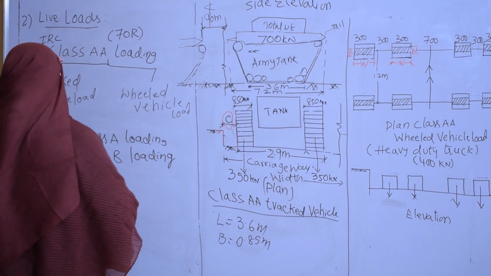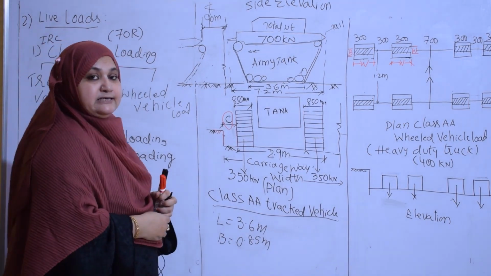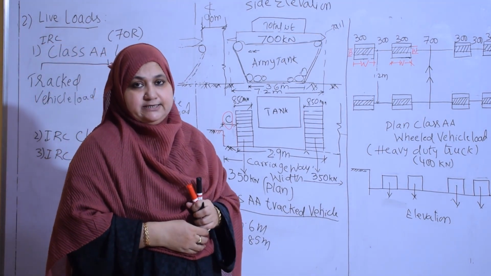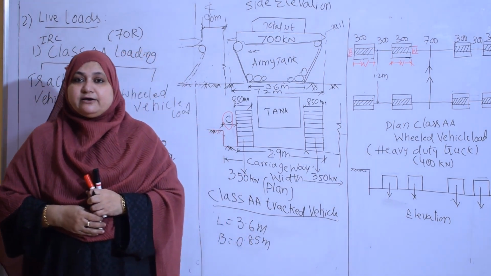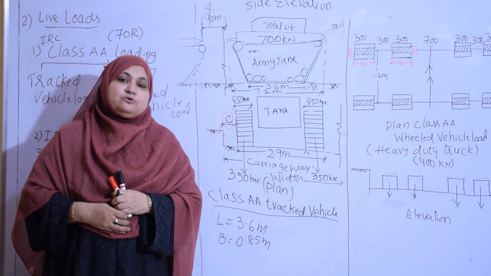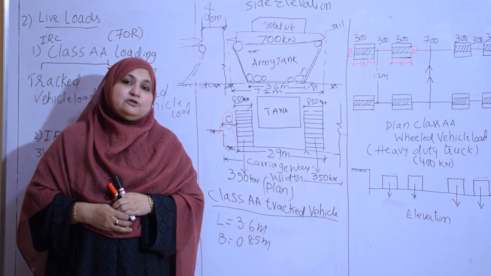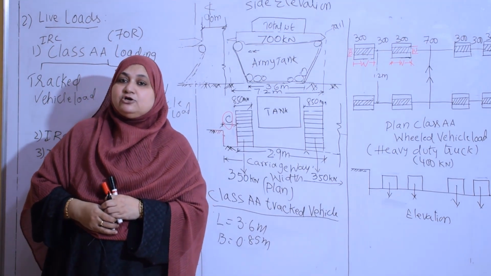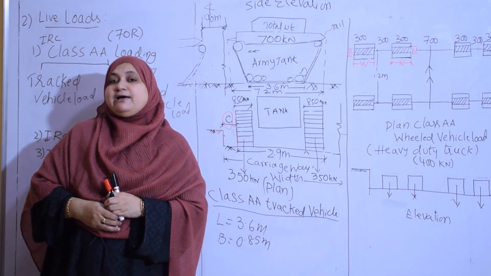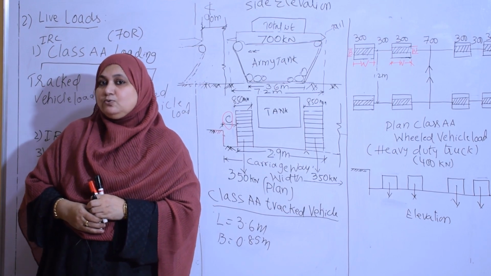So your IRC code has given the value of C. If you can remember it, well and good, but sometimes you can just refer to the IRC tables to get the value of C.